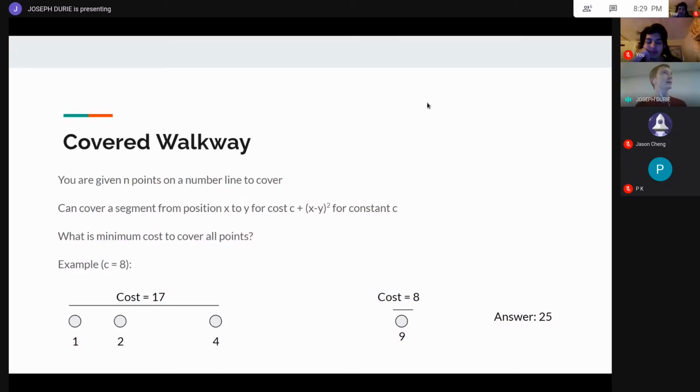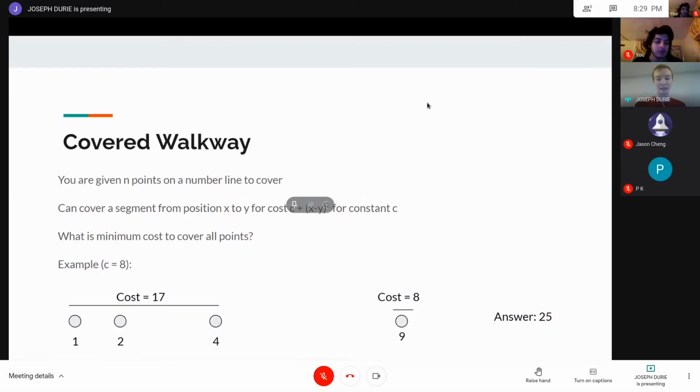So again, it's not the usual n squared dp where you have n squared dp states. We want to come up with something that has n dp states where each one, you do linear time to compute or something like that.